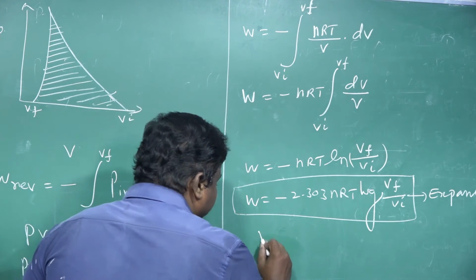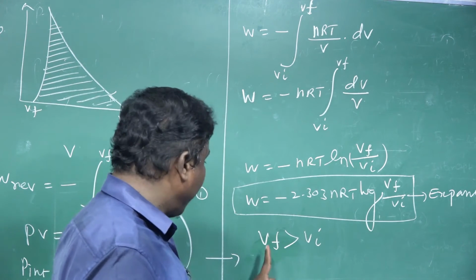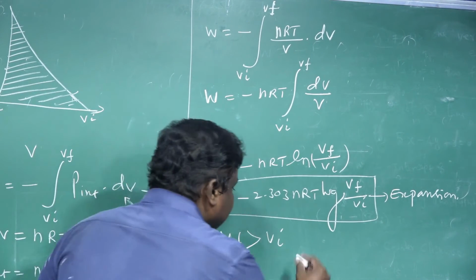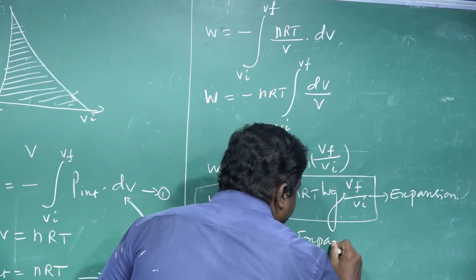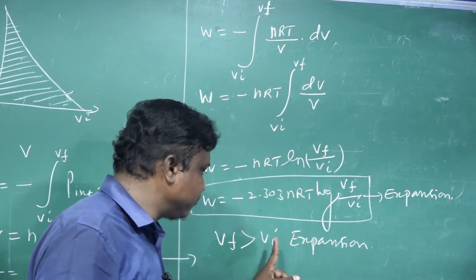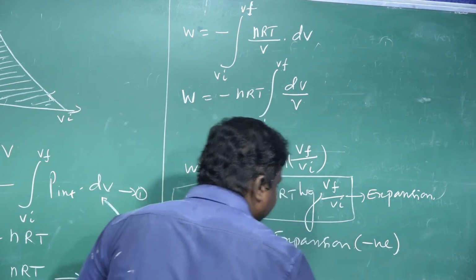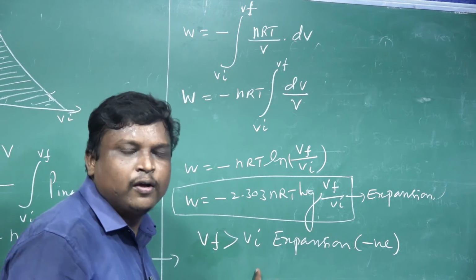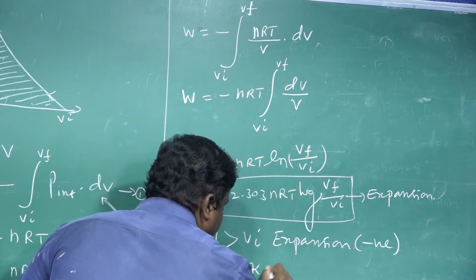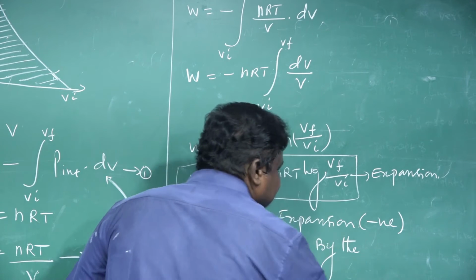When the final volume is greater than the initial volume, that is expansion, and the value becomes negative. This is work done by the system.